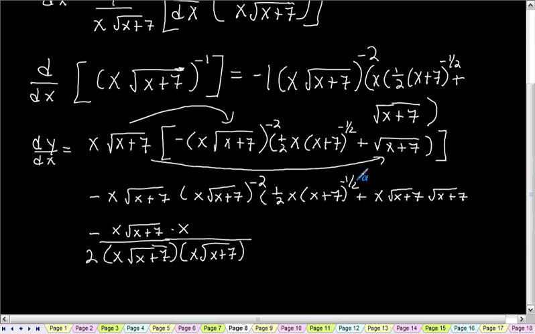And this right here to the negative half power goes to the bottom. Just this right here, x plus 7. This and this cancel out. So I'm left with x.